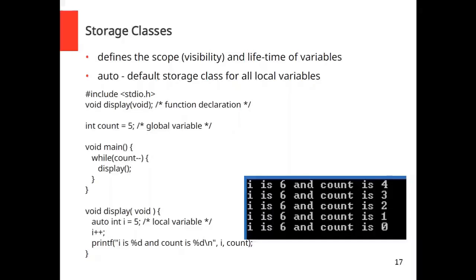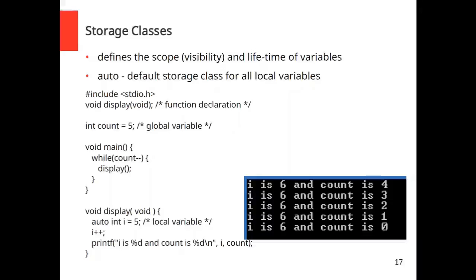If you execute this program, this is the output you would see. The value of i is 6, then the function gets called again, and again the value of i is incremented. For every call the value of i is initialized as 5 and incremented by 1.